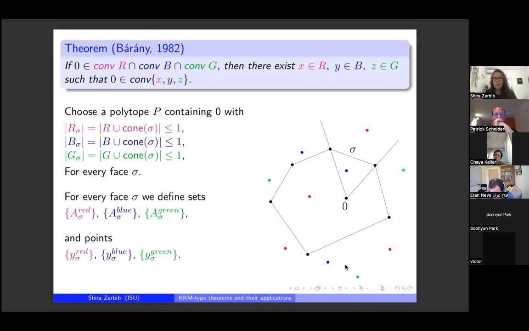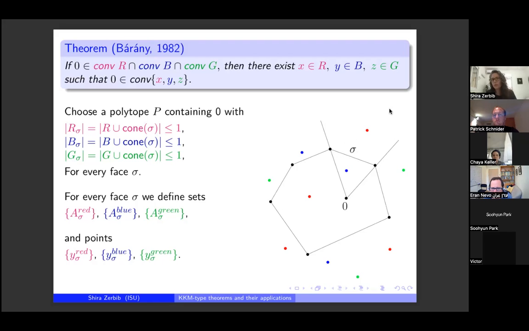So I'm taking a polytope that is fine enough such that 2 conditions hold. The first is that this polytope will have 0 in it. And if I look at the cone of any face, then it contains at most 1 point from each color class.